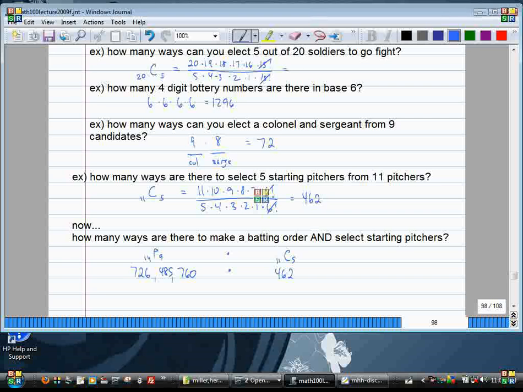So this is harder than if I said you have 4 different shirts and 3 different pairs of pants. How many outfits are there? But it would be exactly the same question if I said there are 726 million batting orders and there are 462 starting rotations. How many different teams can the manager put on the field?